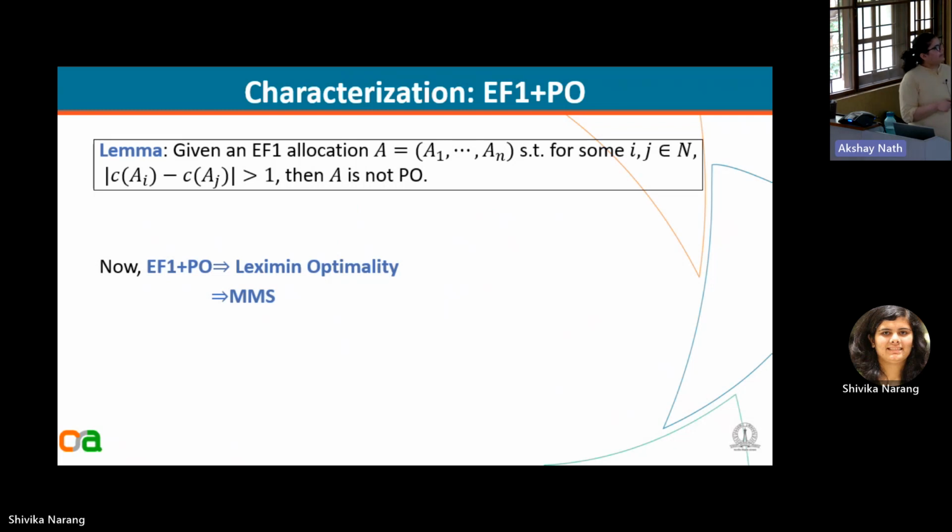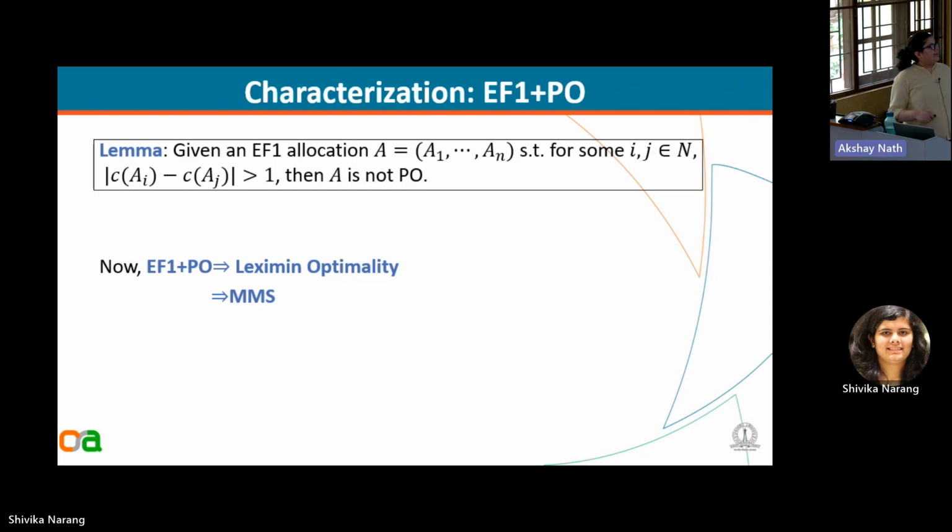And this entire idea helps us say that, okay, if I can just find a Leximin optimal solution, it would be MMS, it would be PO, and it would help us identify if an EF1 and PO allocation would exist using this property of the cost differences being whether they're less than or equal to 1 or not, right?